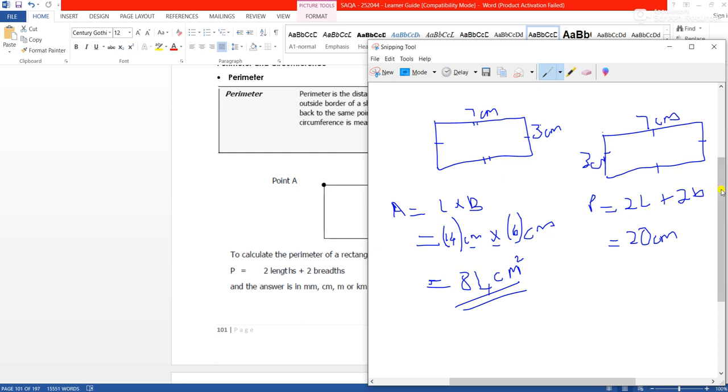Because we are adding, we're not multiplying. So when we multiply, your answer will always be in centimeters squared. But if you add, the answer will be in centimeters. So those are the two differences that you need to know when you multiply and when you add.